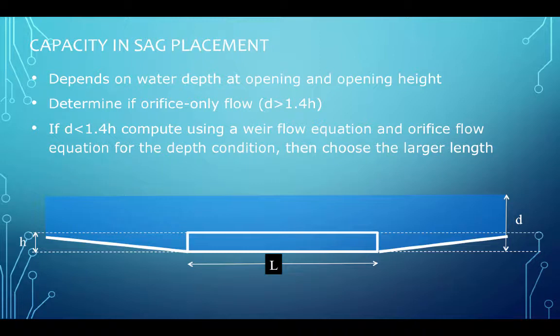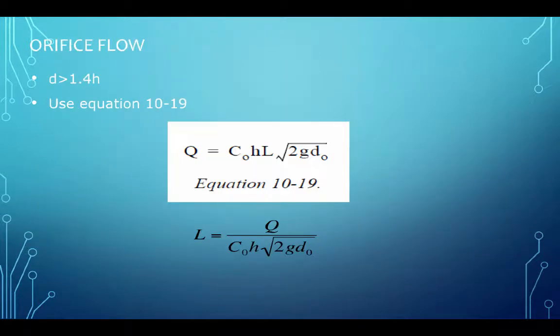When we're in sag conditions, then we have to check what the curb depth is relative to the opening height. If the depth is greater than 1.4, we use orifice conditions. If it's less than 1.4, we use weir flow conditions. Here's the orifice equation.